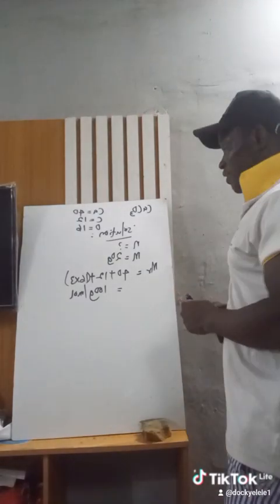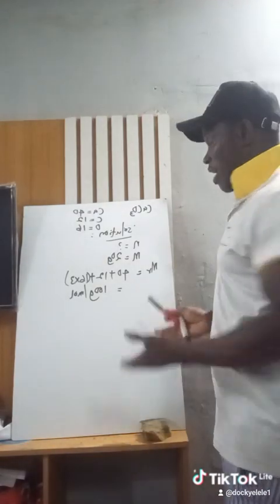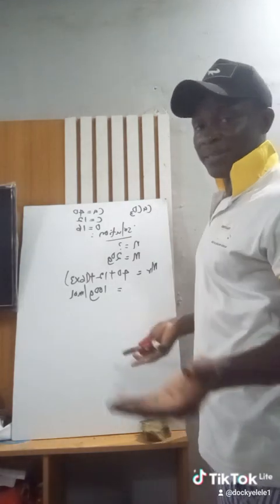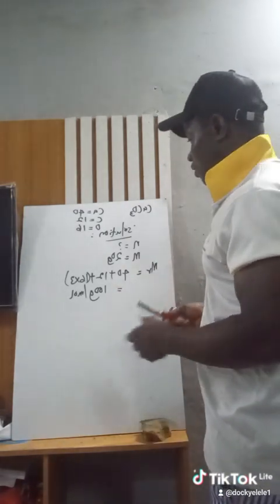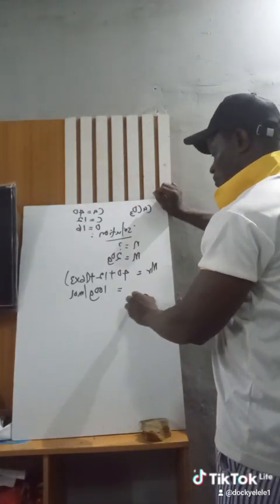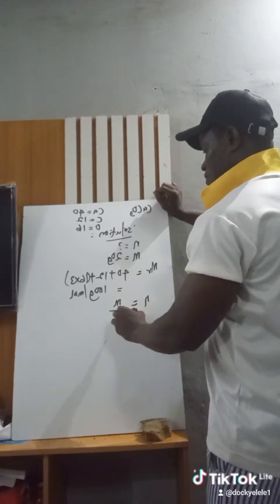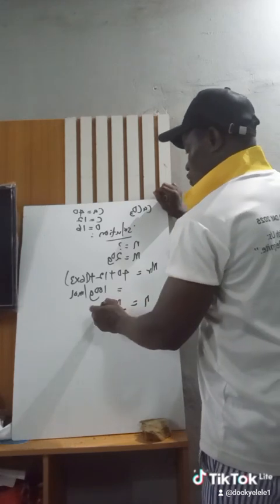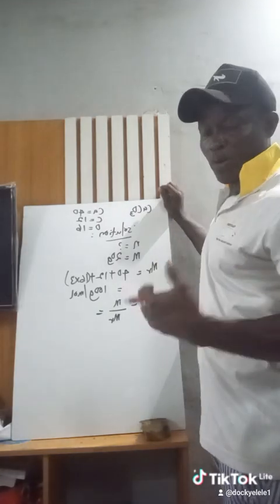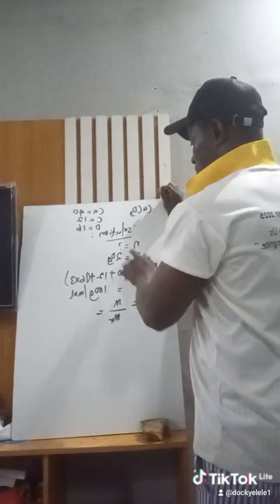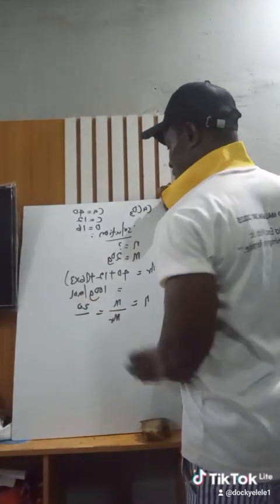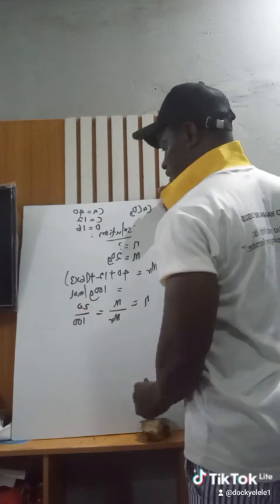So what do we do with this information? It's very simple. We have the molar mass, we have the mass, and we are just looking for the number of moles. So number of moles will be mass over molar mass. Put your parameters in. Mass is 20, molar mass is 100.